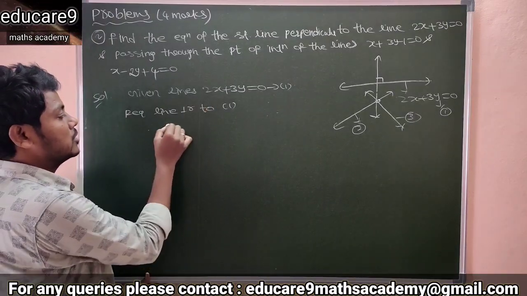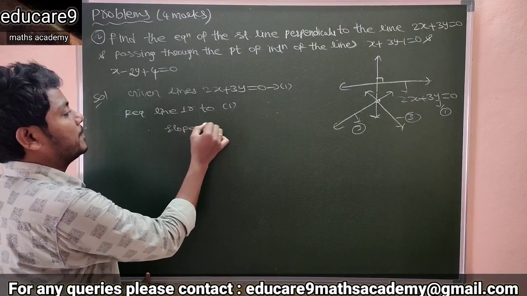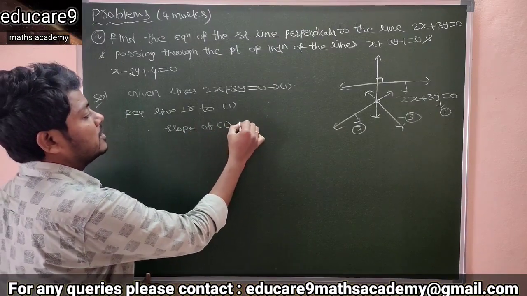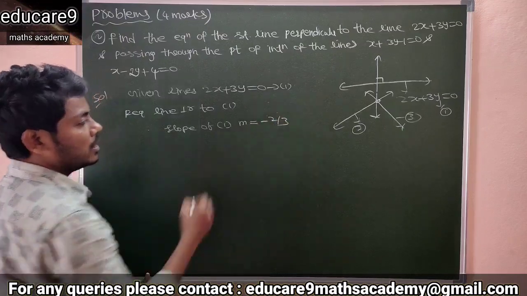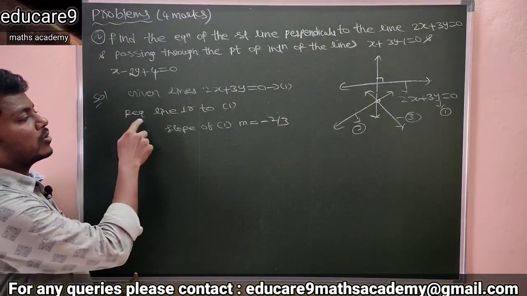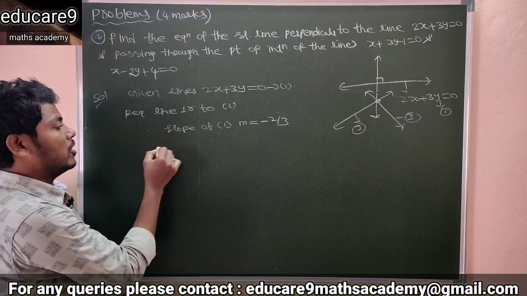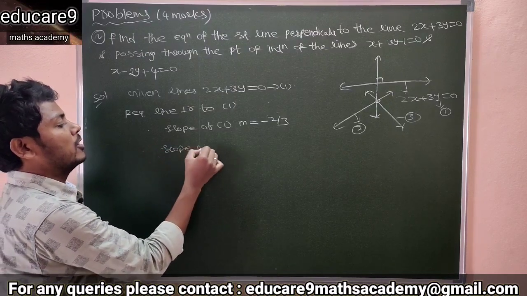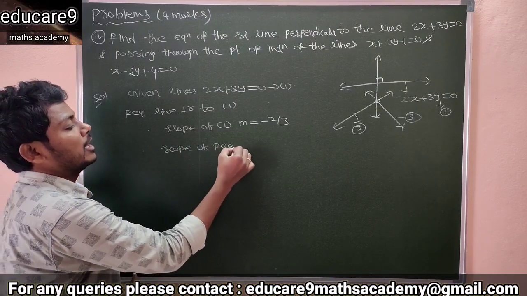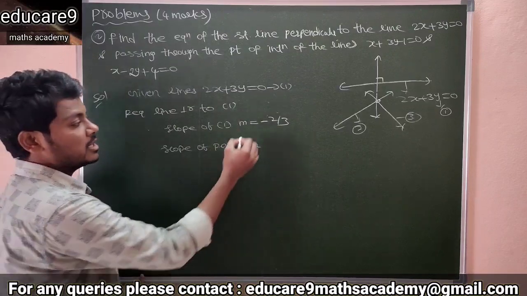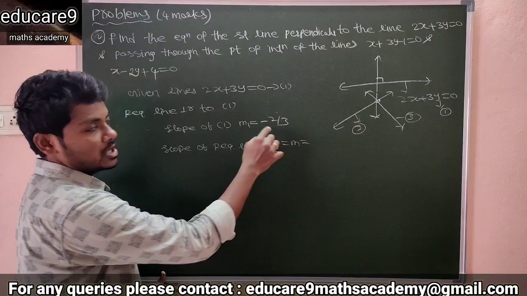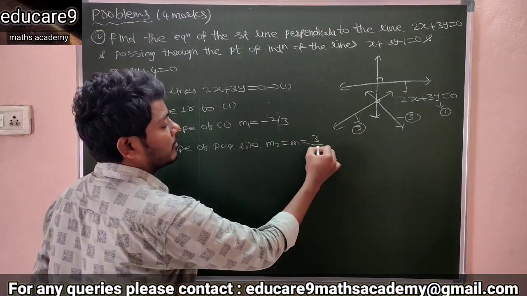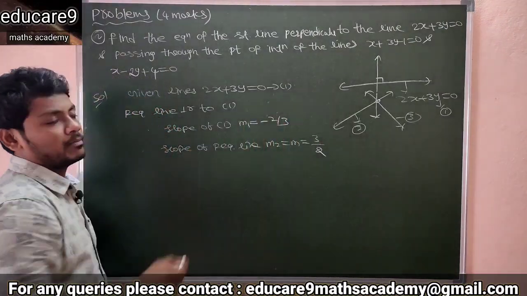The slope of 1, m, is equal to minus 2 by 3. Since the required line is perpendicular to 1, suppose this is m1 and this is m2. The slope of the required line is m2, so write the reverse, 3 by 2. Here there is a minus, so you have to write plus.